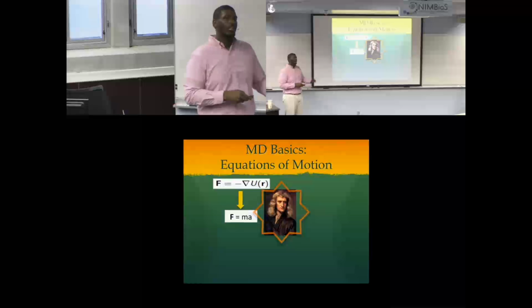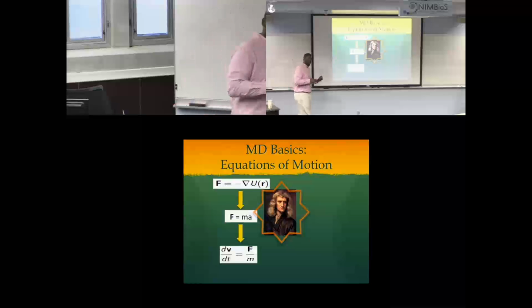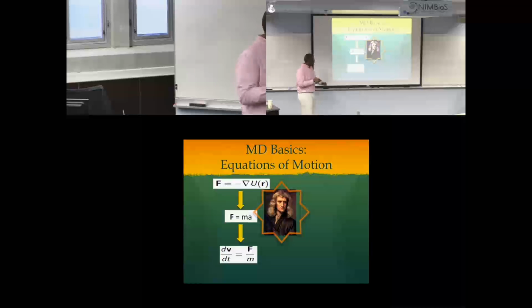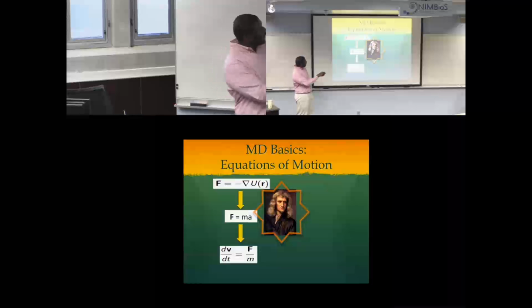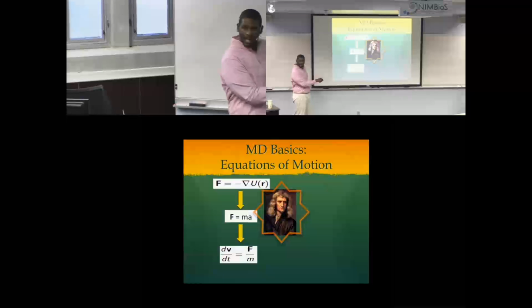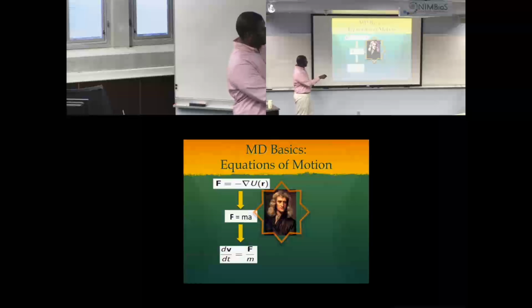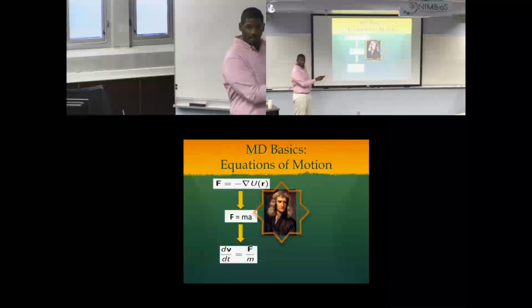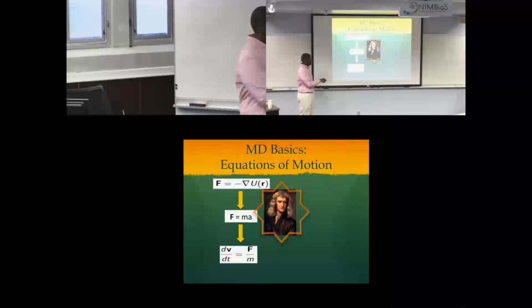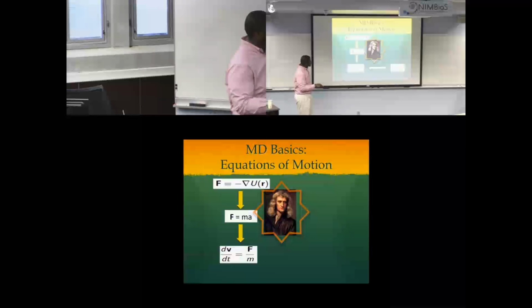But we don't want to know acceleration. We want to know the velocity, the change of the position over time, okay? So now, if you take acceleration, which is basically the change in velocity over the change in time, and you just move that m over there, now we've got it broken down to where we can see velocity, which is good because velocity is one of the things you're going to need as an input in your simulation.